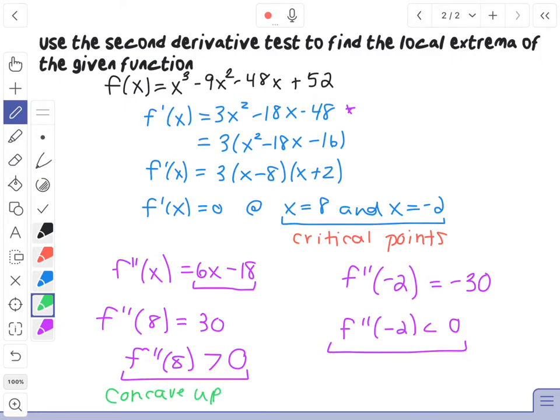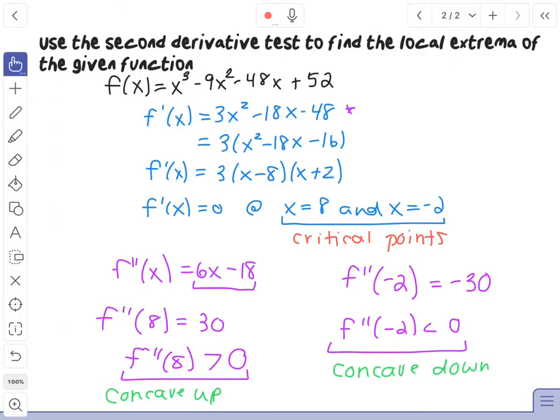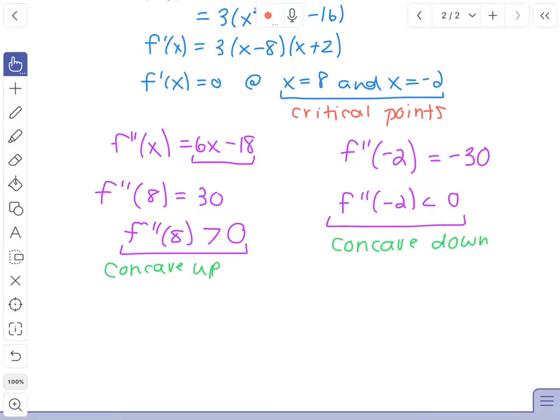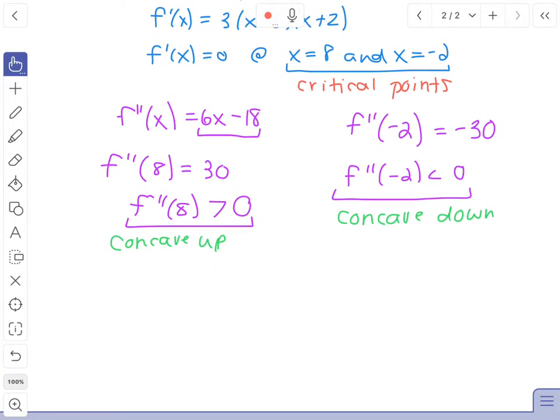Now our second derivative at our second critical point, negative 2, is less than 0. It's a negative value. So what we can see is that this graph would be concave down. So to conclude our work, that's enough evidence for us to say, so we'll conclude with a nice sentence.